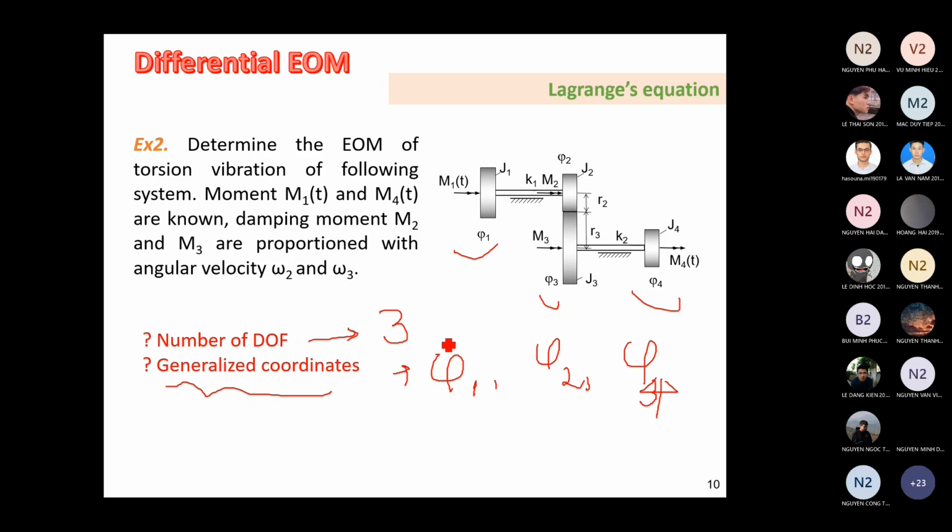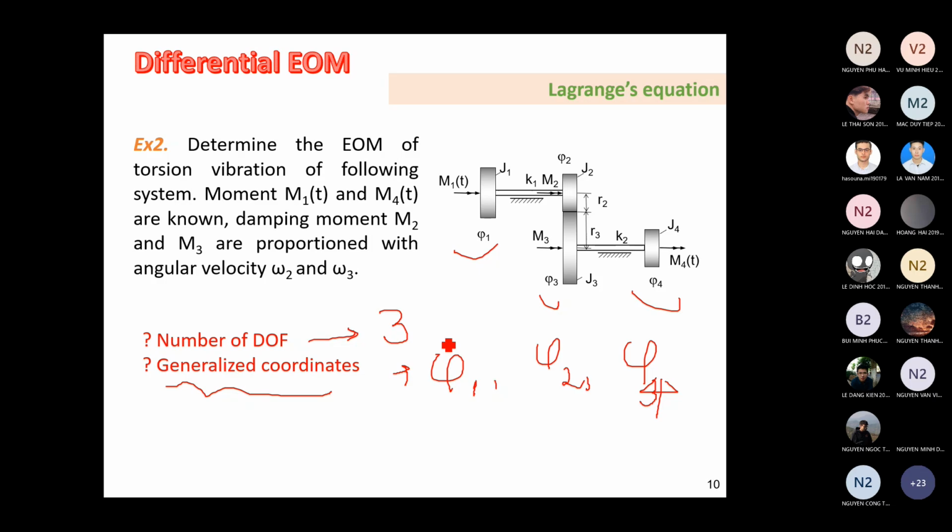Okay, so please calculate for me the kinetic and the potential energy, and also the damping energy for this system. Remember the K1 and K2 here, it is something like the spring stiffness, and this is the stiffness for this axis.